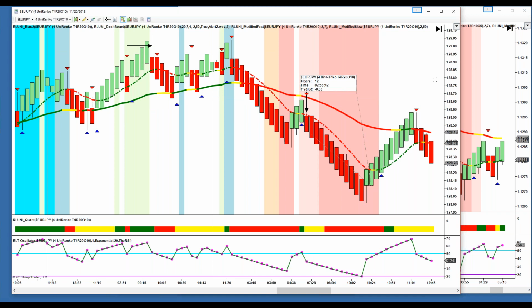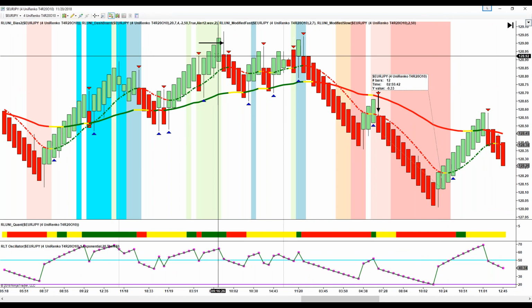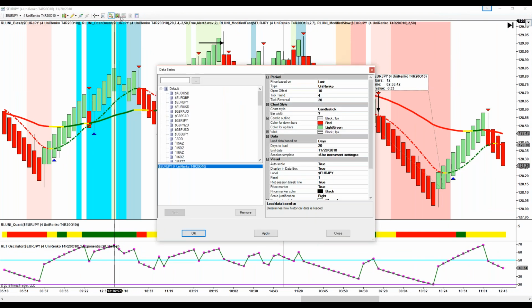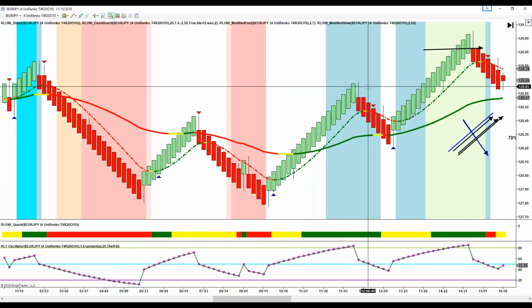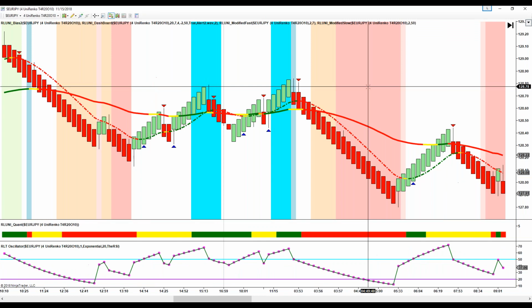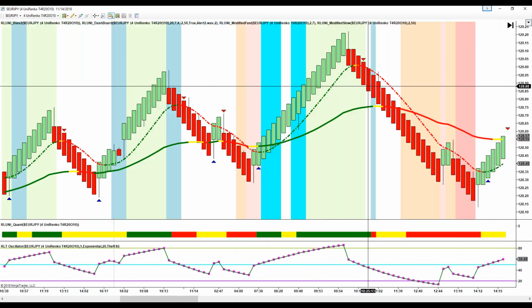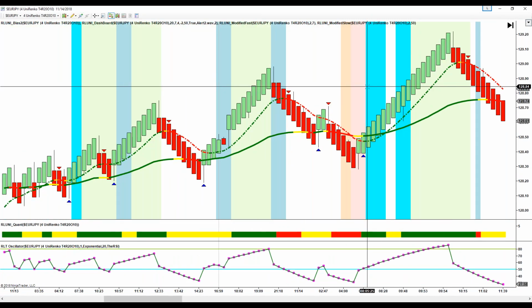So let's just take a look at the euro yen and see in the course of a few days what kind of entries we would get. The other key is to see what kind of entries we would get that didn't make any money. And that is extremely rare.